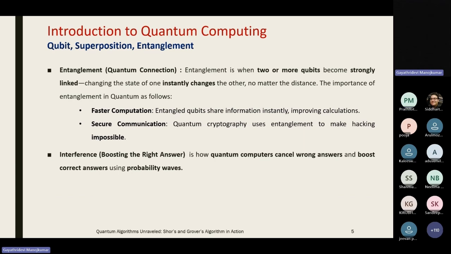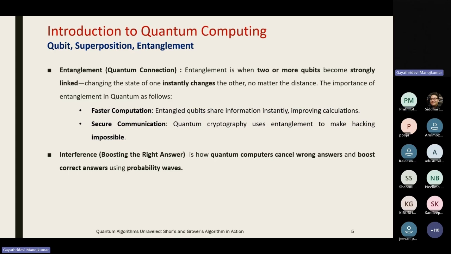The next basic terminology is entanglement. Entanglement is when two or more qubits are strongly linked, so changing the state of one is automatically reflected in the other.